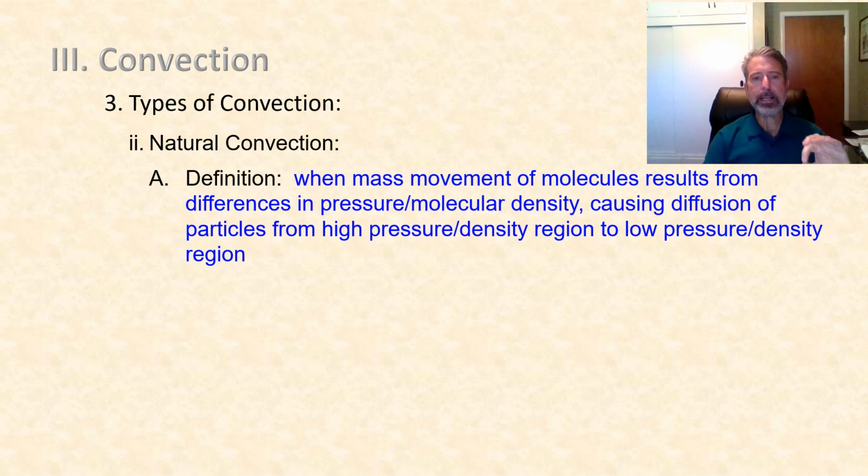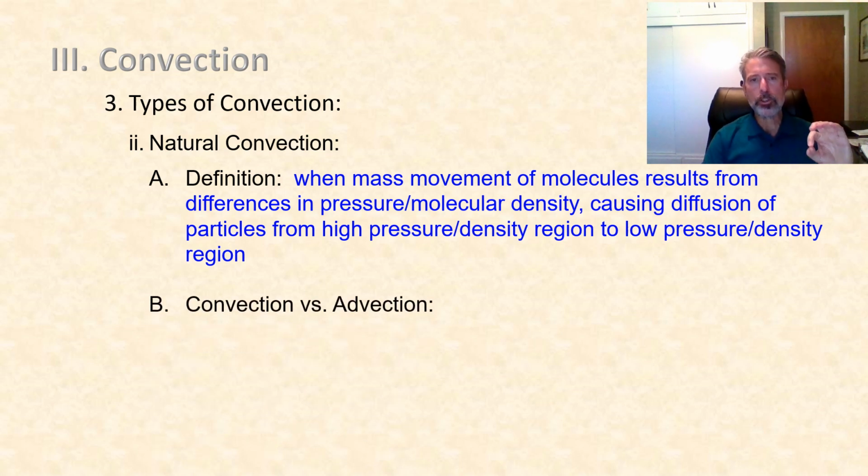But we will say that natural convection happens when the mass movement of particles results from either differences in pressure or differences in molecular density that cause the diffusion of particles from a high pressure region, or a high density region, to the low pressure region or the low density region. We will look very specifically at examples that involve this.